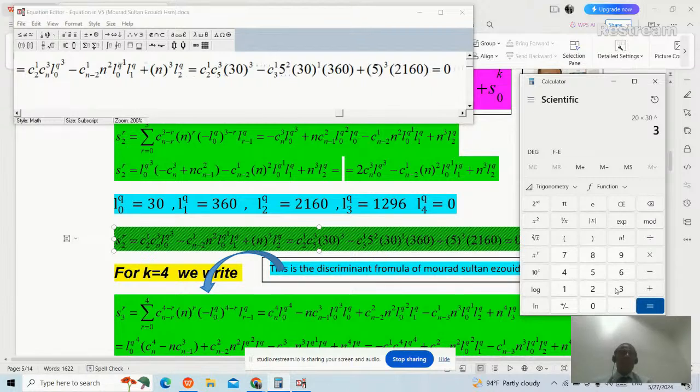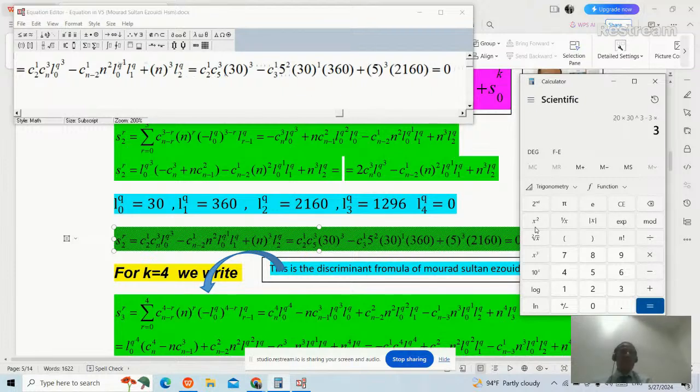Very smart. If you feel you are working on the correct side, it means that you are very intelligent. So we have 20 times 30 cubed minus 3 times 5 squared.